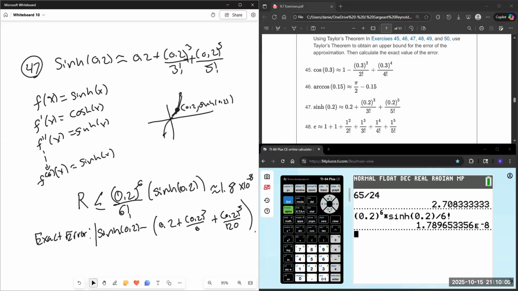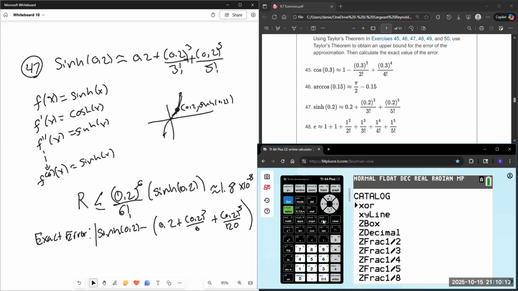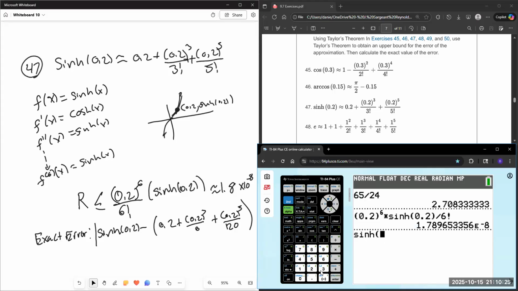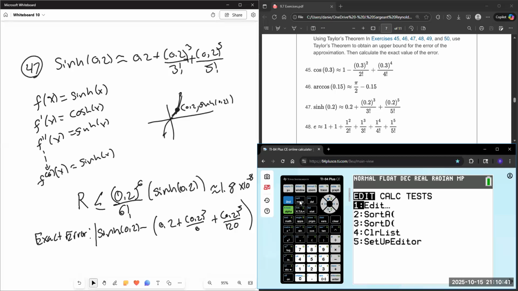So that's going to be the hyperbolic sine of 0.2 minus open parenthesis. Let's do absolute value around this.